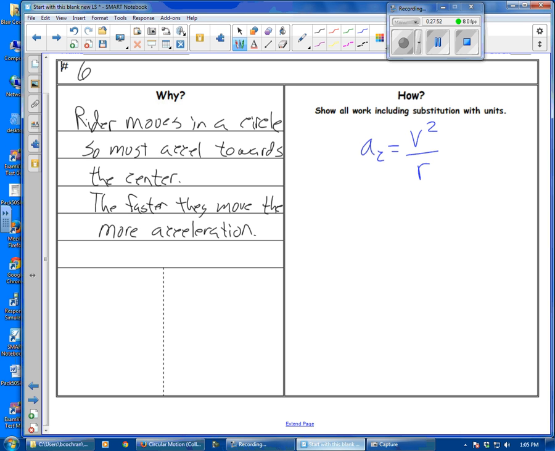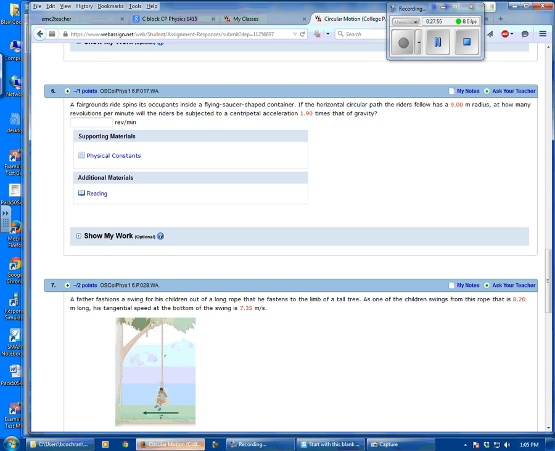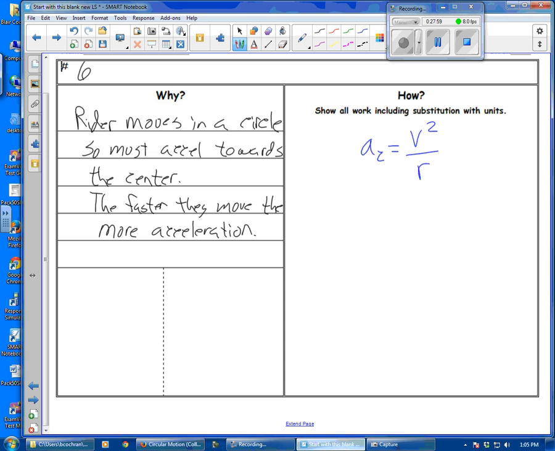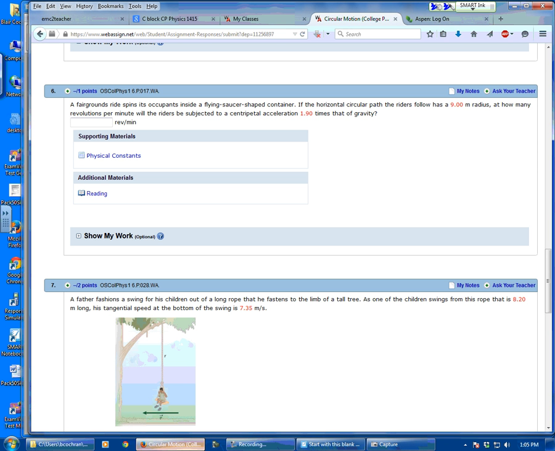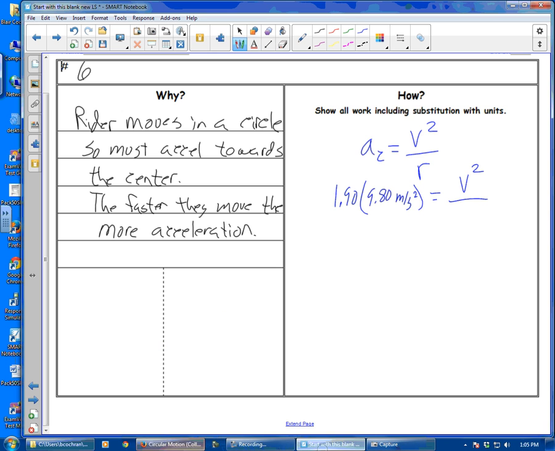And in here, for my A sub c, they tell me it's 1.9 times gravity. So 1.90 times gravity, which is 9.80 meters per second squared, equals v squared over my radius, which is 9 meters. And I do a little math, and I get that v equals some number.